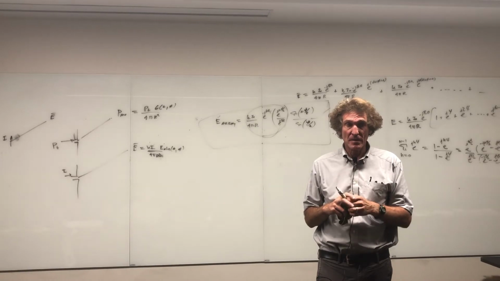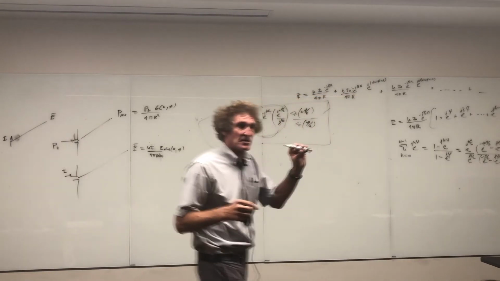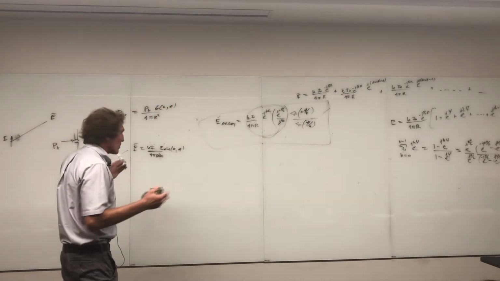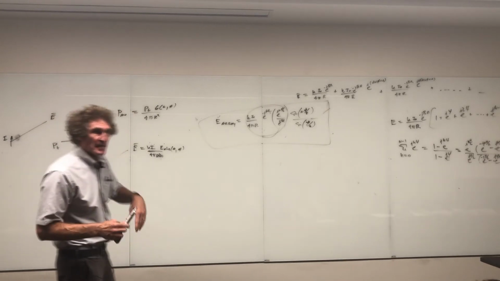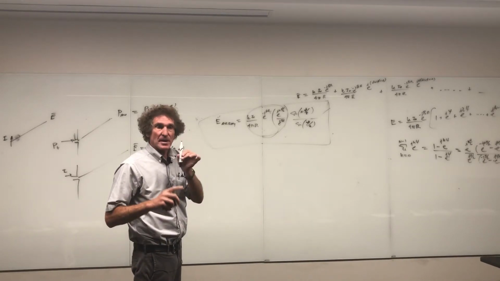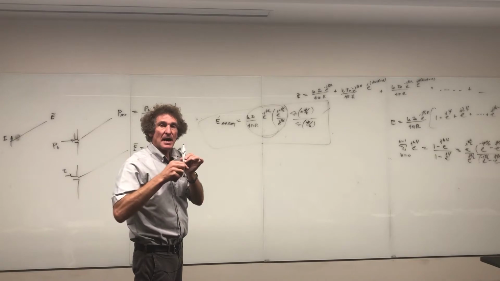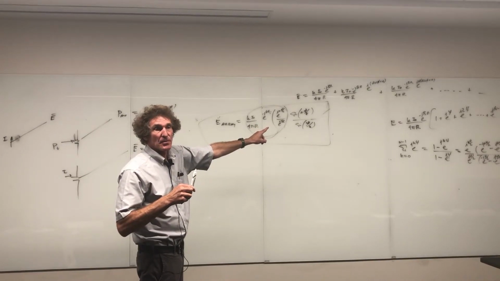Yes, sir? So does the geometry of the array affect it at all? You mean the orientation of the elements. Each individual element does, and here's why. What we're going to see, and this comes up next, is that the total electric field from an array is the electric field pattern from the individual elements times the electric field pattern caused by the array. So you multiply the two.